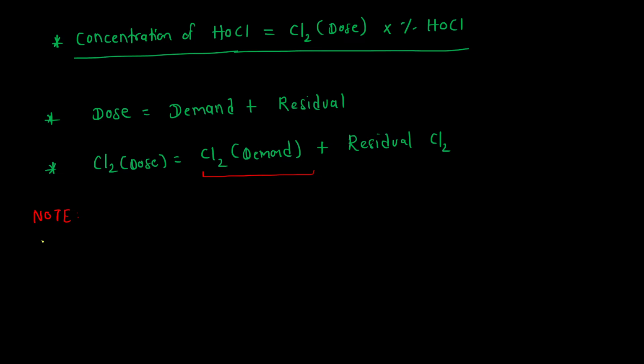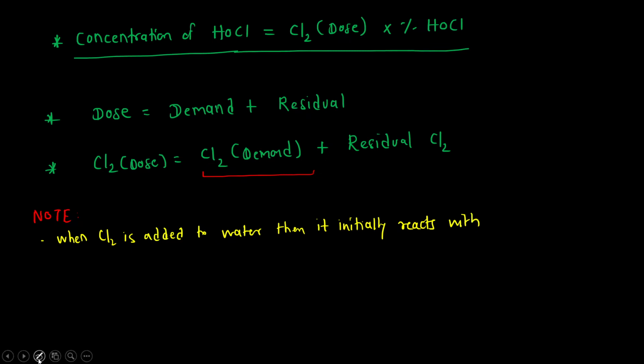So when chlorine is added to water, it initially reacts with iron and manganese.